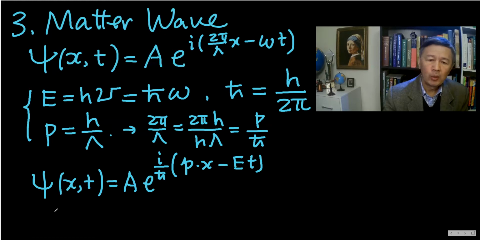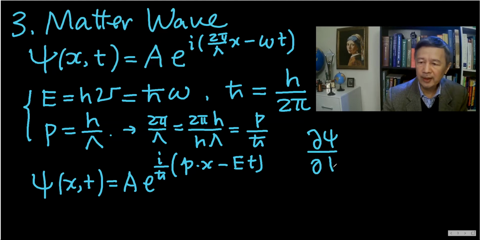In the same way, we can also discover the partial differential equation which can be used to obtain these wave functions. To do so, let's do some partial derivatives. First, we take the partial derivative of phi with respect to time. What we get, can you see, is negative i E over h bar multiplied by the wave function.